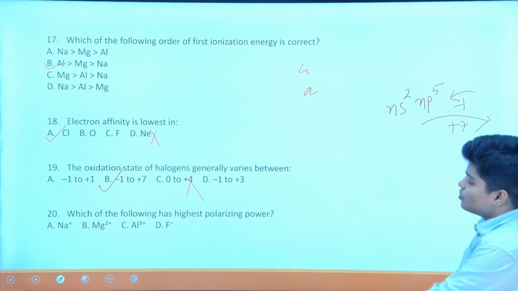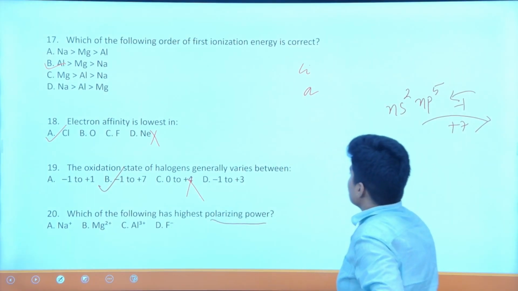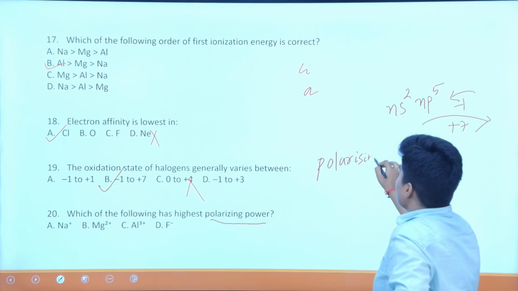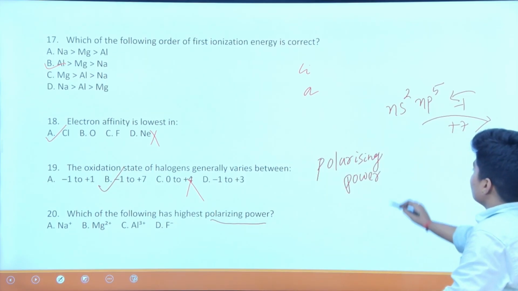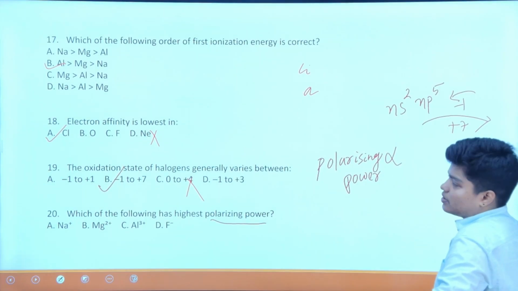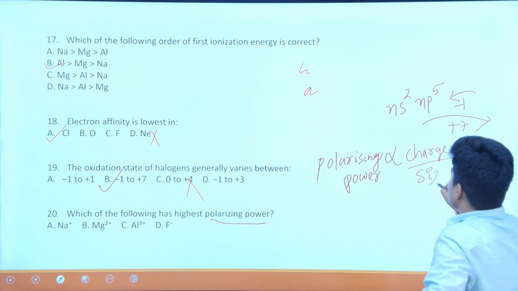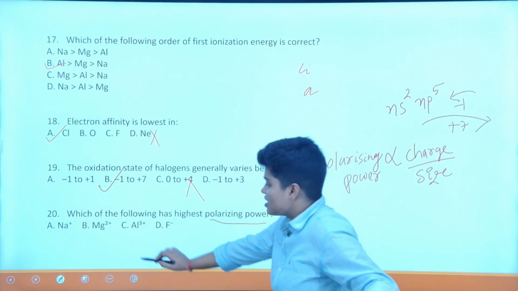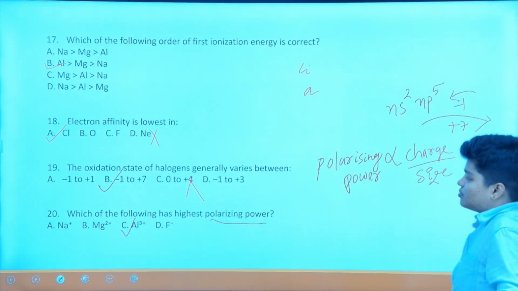Now the last question, 20: which of the following has the highest polarizing power? To determine the polarizing power, we have the formula: polarizing power is directly proportional to the charge and inversely proportional to the size. Among these four options, aluminum 3+ has the highest charge. The smaller the radius, the smaller the atom, the more the polarizing power.